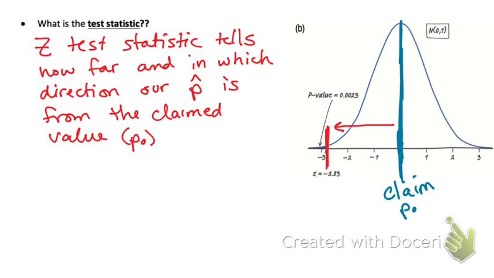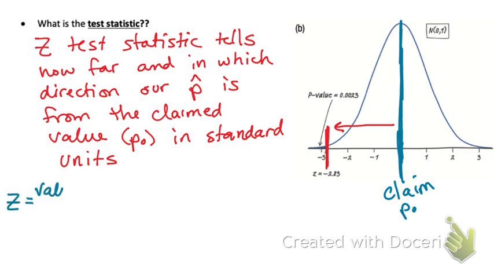So z tells us how far and in which direction the p hat is from the claimed value in standard units. Now, does anyone remember from chapter 2, what is the formula for a z-score? Value minus mean divided by standard deviation.